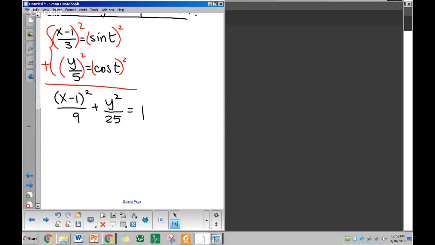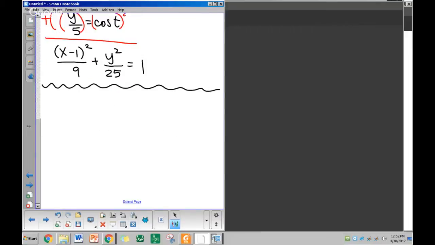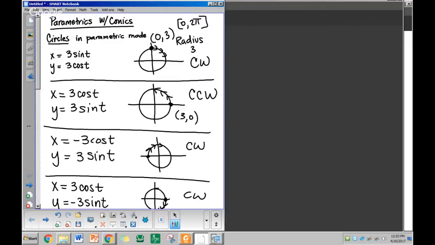So what would the generic be? A circle. So I could say x equals, what goes in front? Go back. What goes in front? What is this called? This is the radius, isn't it?